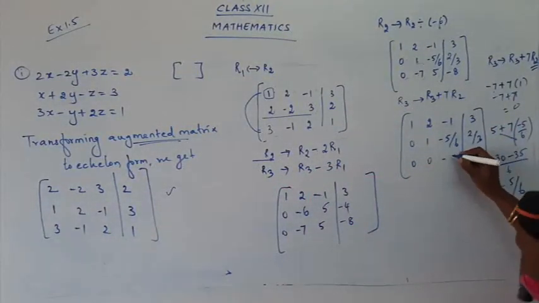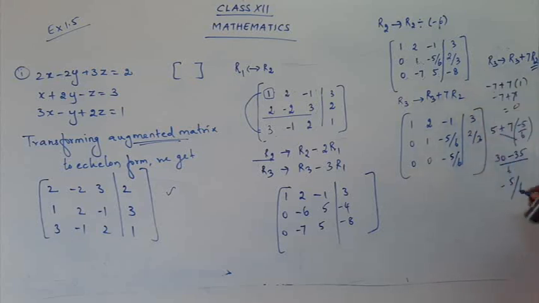And next, go for this part, minus 8. So minus 8 plus 7 times R2, 2 by 3. Cross multiply: minus 24 plus 14 upon 3. Can you see, children?